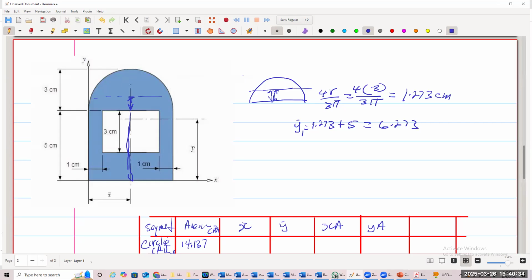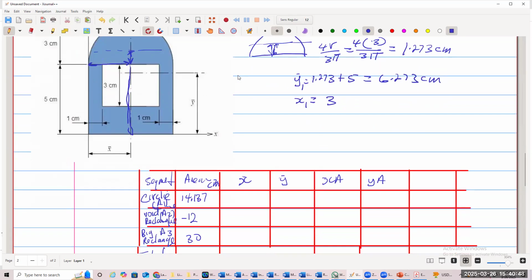So, what is x1? See there, the 3. So that is 3 centimeter. And these are centimeters. So let's put them in. So one is 6.273.